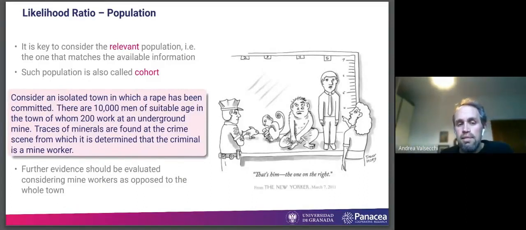So in this case, whatever analysis we run after knowing this, we need to consider as a population only the mine workers, not all the men in town. If we don't do that, whatever evidence we find is going to be diluted in a much bigger population, which is very likely to reduce the effectiveness or the weight of the evidence.